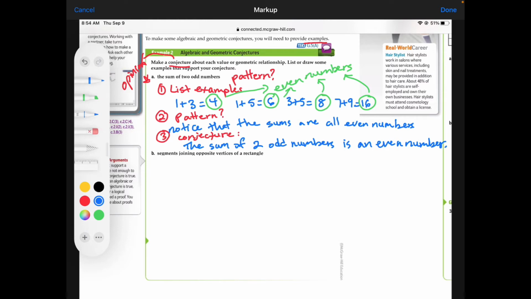All right, so let's follow the same basic steps with this second one. It says the segments joining opposite vertices of a rectangle. Let's see if we can find a pattern here. Remember, our first step is to list examples. So I'm going to draw some rectangles, and I want to do at least 4 examples here.